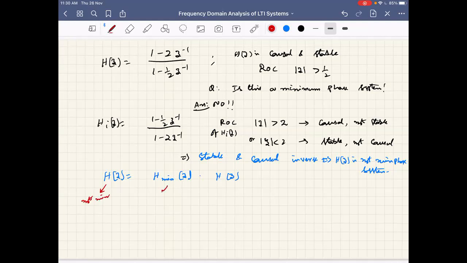Okay, and I want to write this in terms of a minimum phase system, but have the same magnitude response.